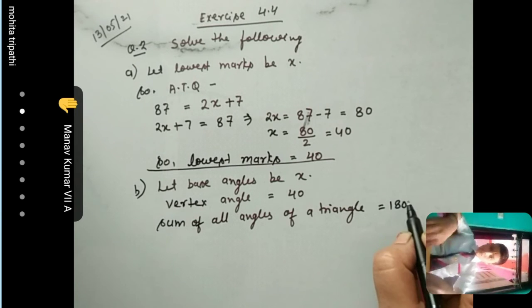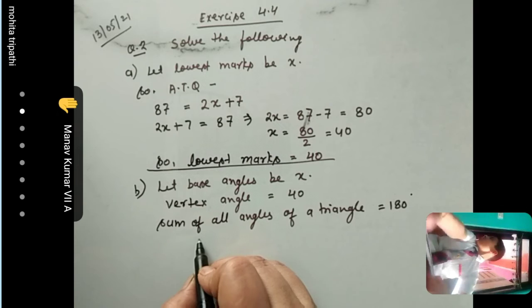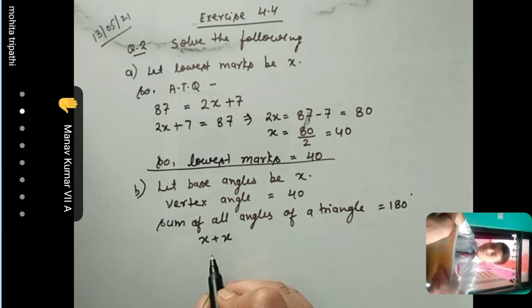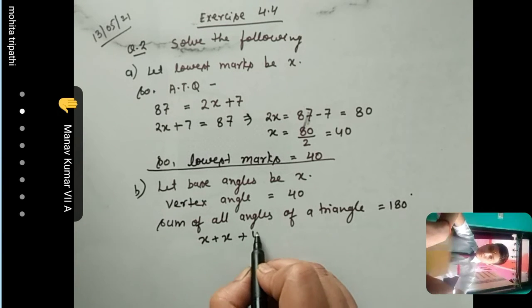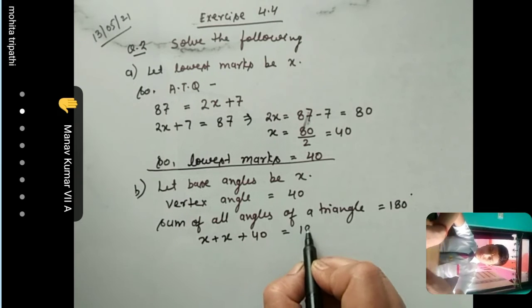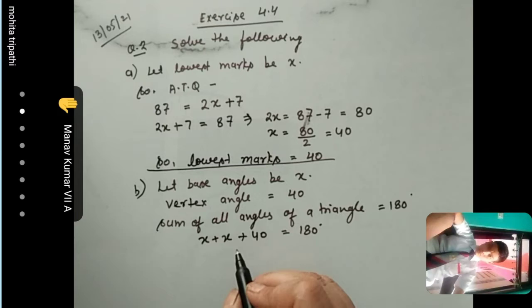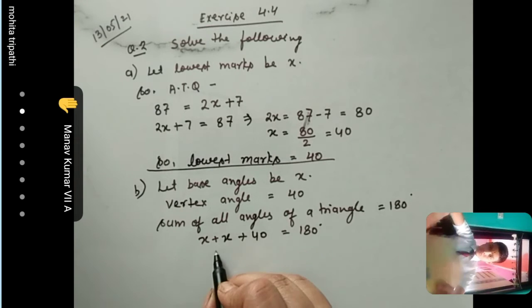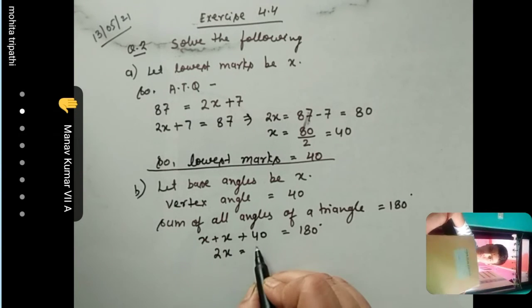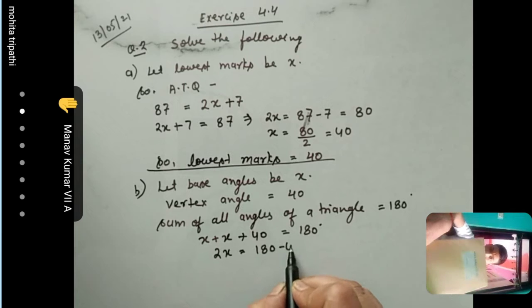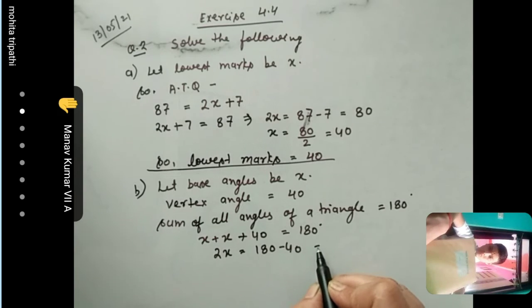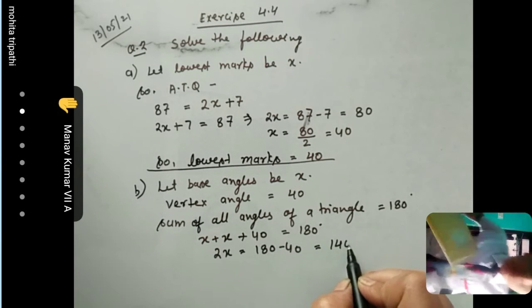So the sum of all angles, two base angles which are equal plus the vertex angle, is 180. Now with the help of this equation, you can find the unknown value. x plus x, it will be 2x, equals 180 minus 40.